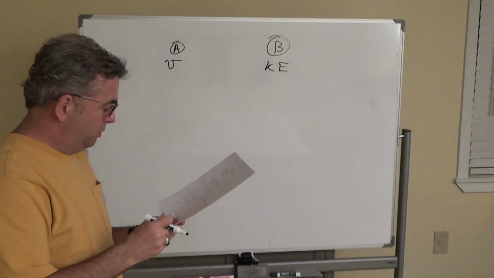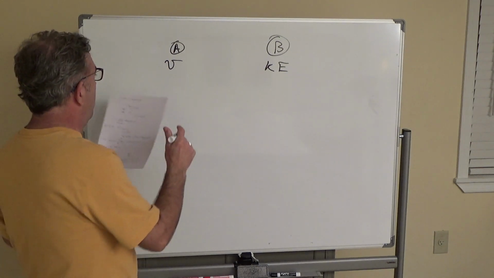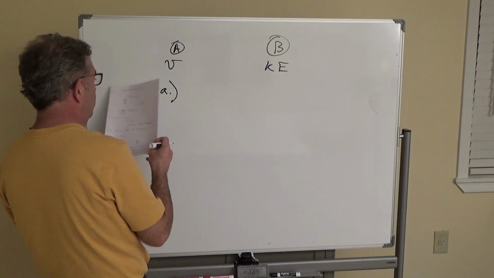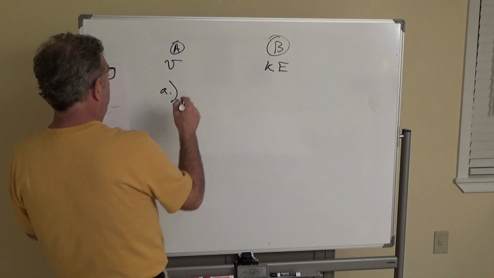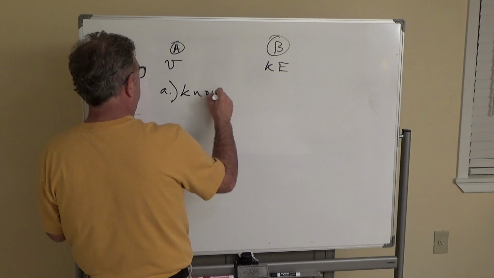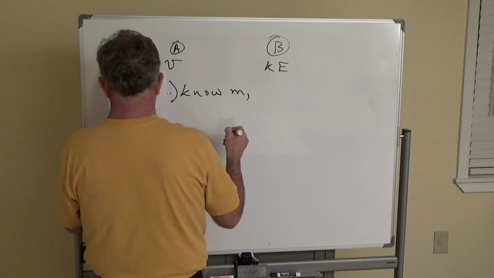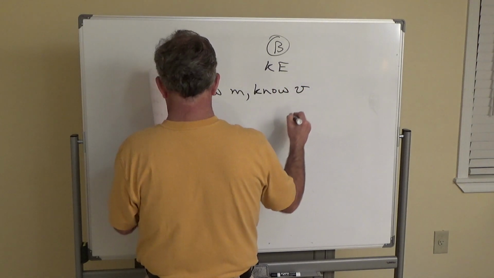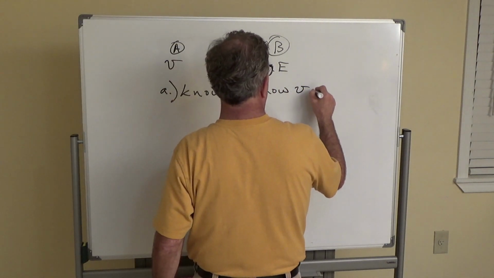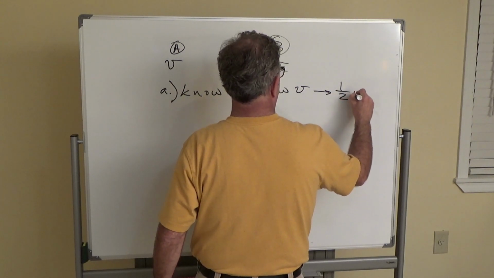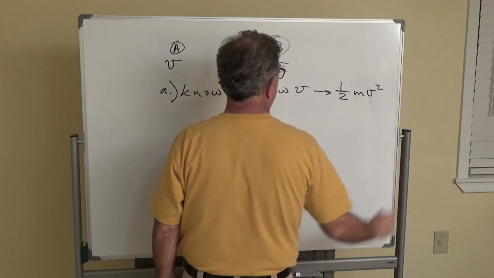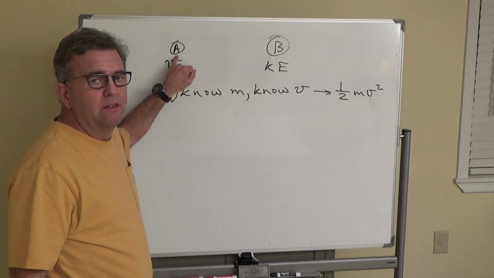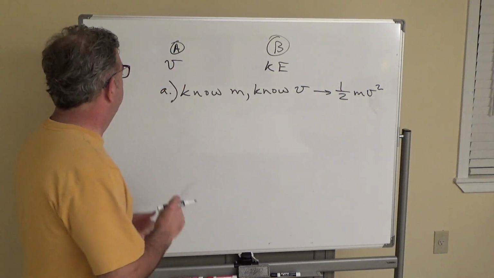So for part A, nothing to do with this A, this is little a, part A. You know M, you know V, and you can calculate 1/2 mv squared. Because I think they asked for the kinetic energy at A.